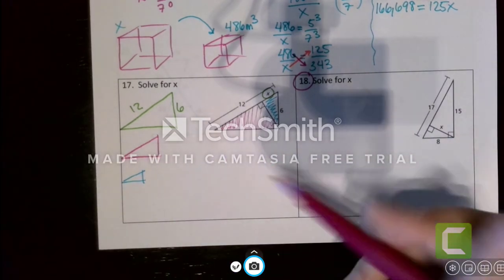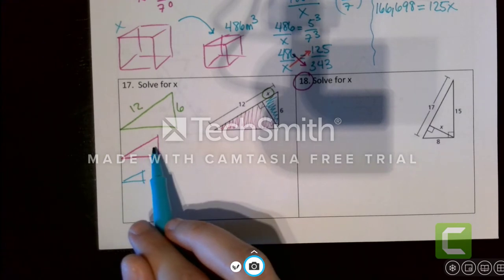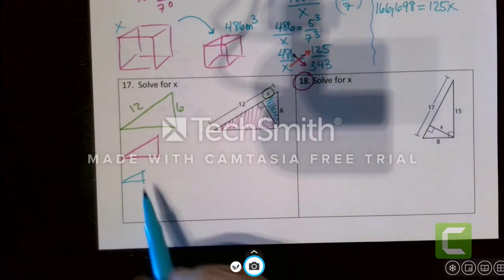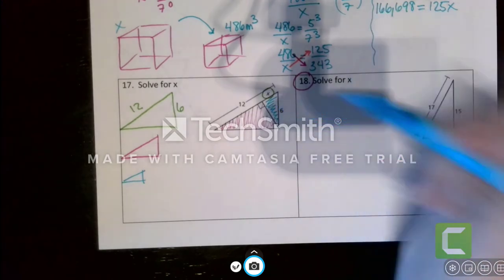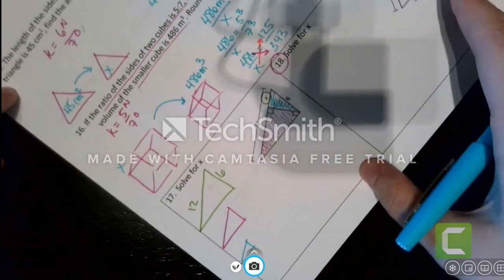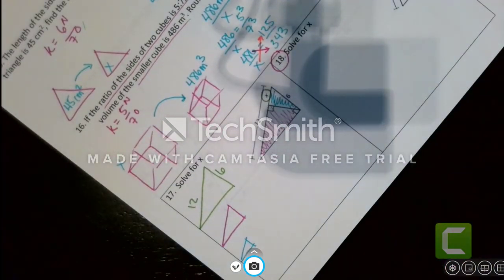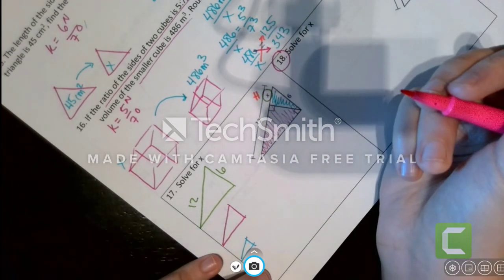Now, for the second largest, or my purple one, I actually have no measurements to assign to it. I don't know its hypotenuse, I don't know its height, nor do I know its base. But I do know measurements about my smallest. It may be a little hard to see at this angle, but if I rotate my paper towards me, I can see that my height for the smallest triangle is x.